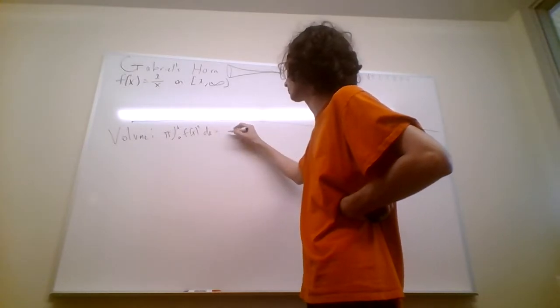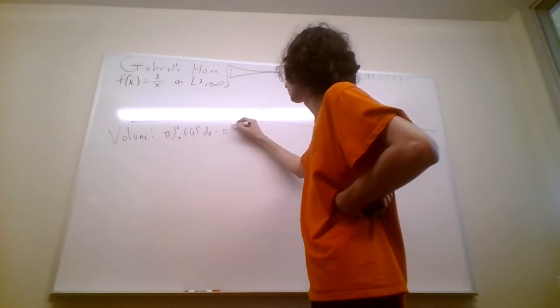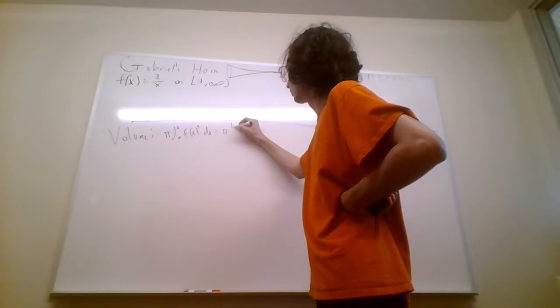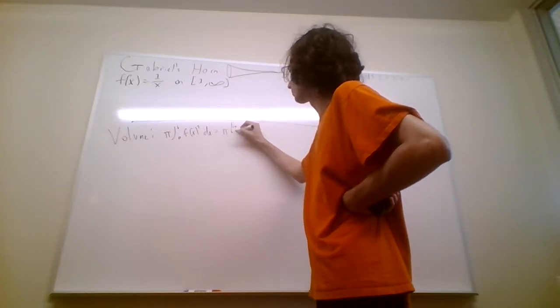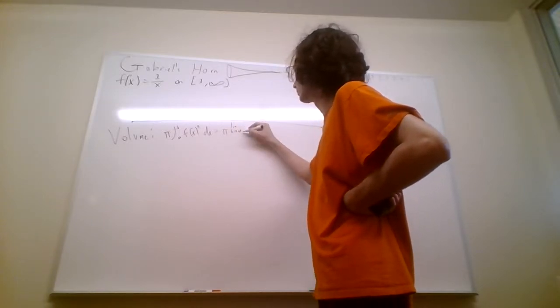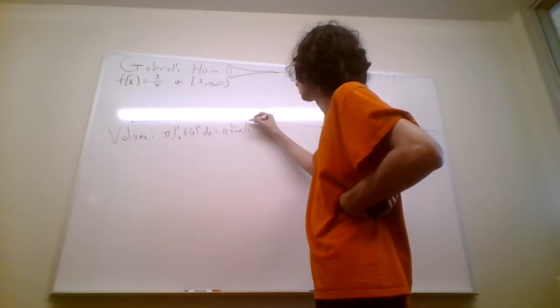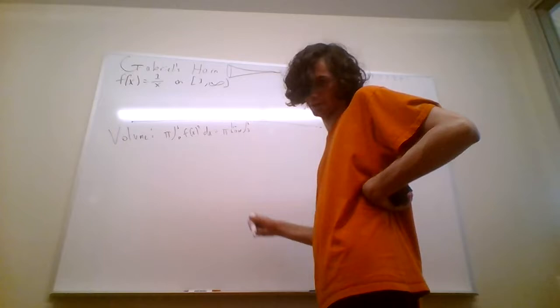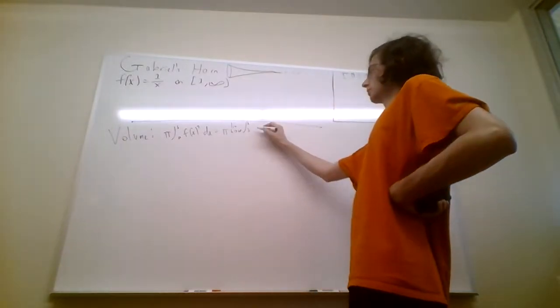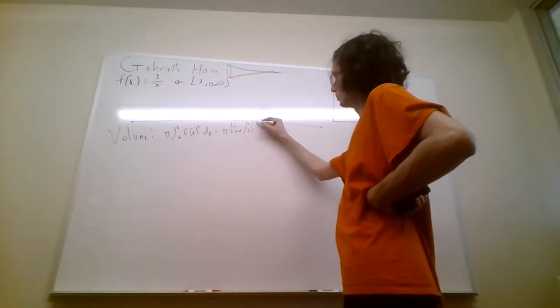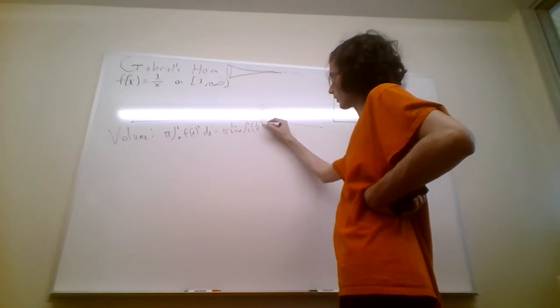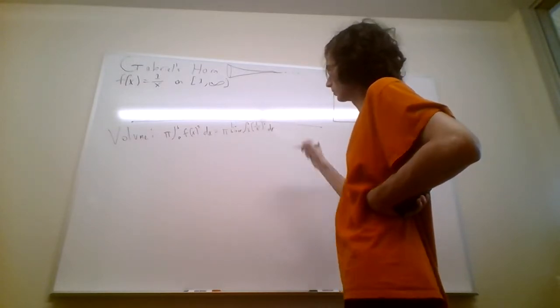As b goes to infinity, so we'll do pi times the limit as b approaches infinity of the integral from 1 to b, 1 is a, and then of 1 over x, that's f of x, squared dx.